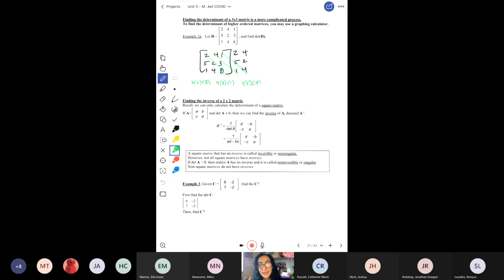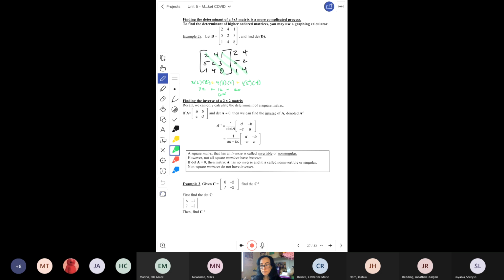But what I'm going to do to these is I'm going to add them. Okay, so that's going to give me 32 plus 12 plus 20, which reduces to 64.